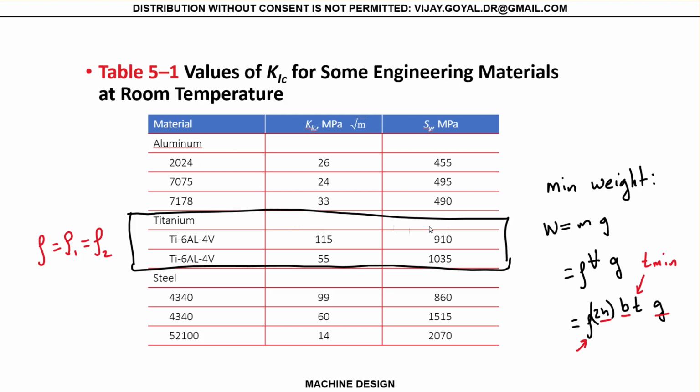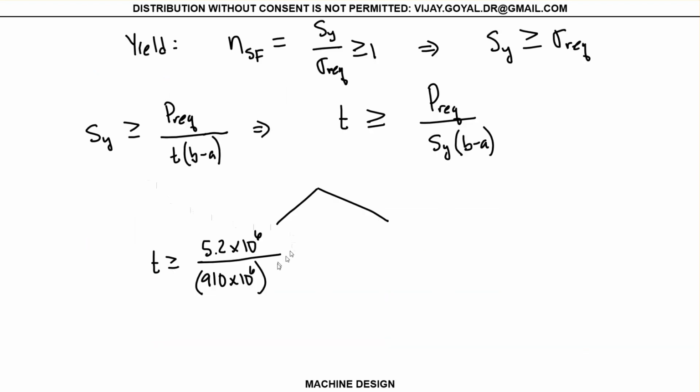I'm using this as my case 1. You can see 910, and that's divided by 1.4 minus 0.0027, and that gives you a thickness of 4.09.